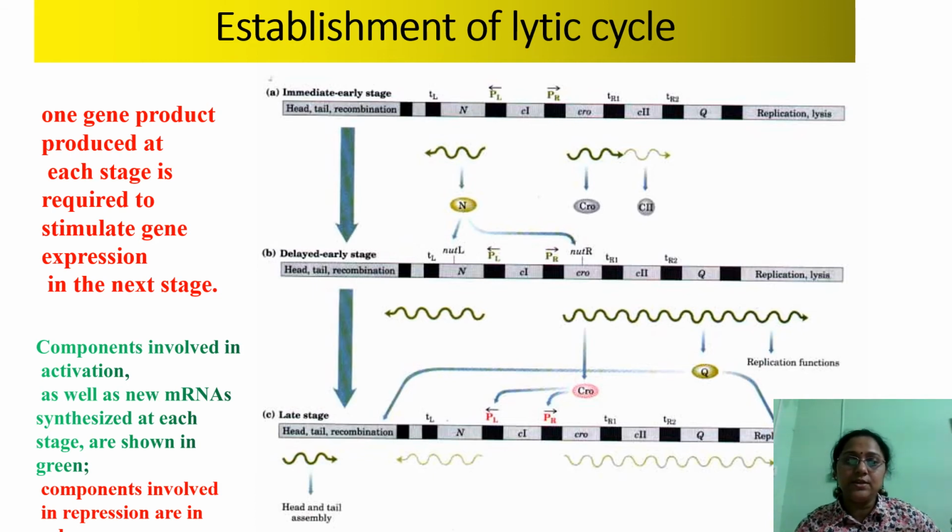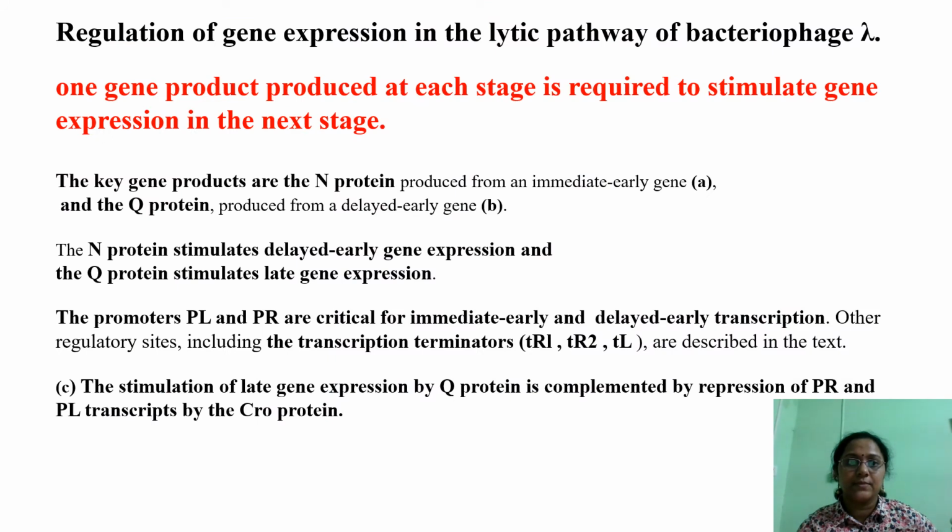So we can see now what happens in the lysogenic cycle. So this is the summary of the earlier figure we explained. So we can again summarize that one gene product produced at each stage is required to stimulate gene expression in the next stage.